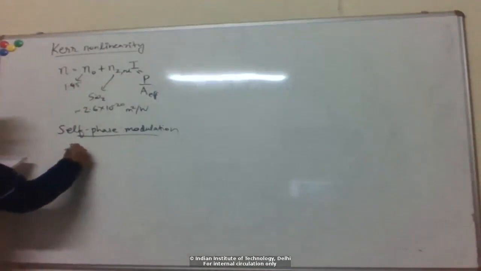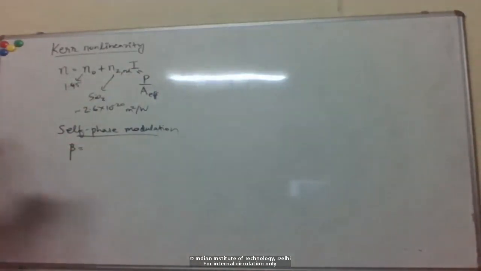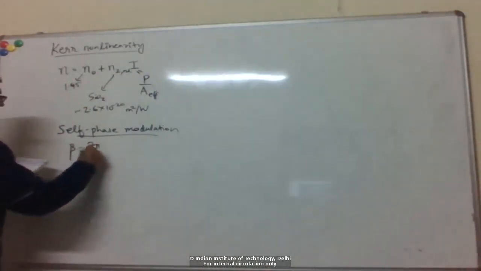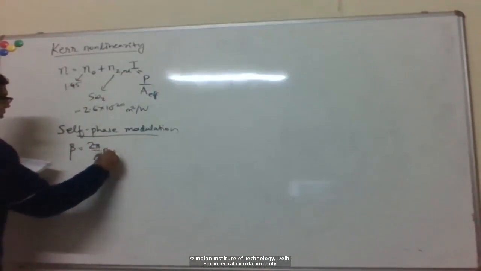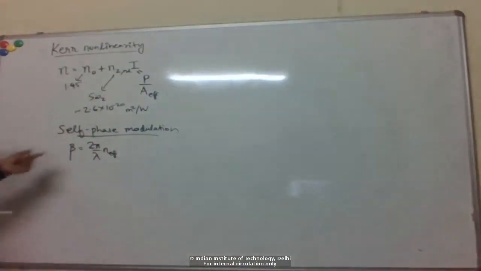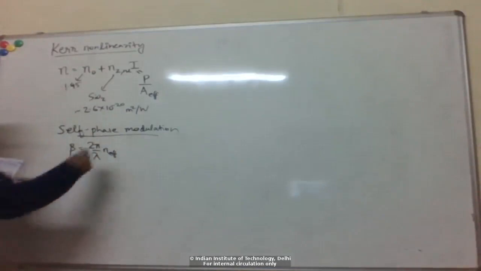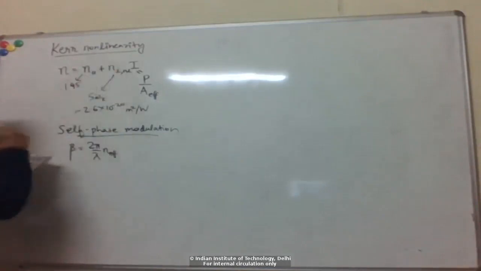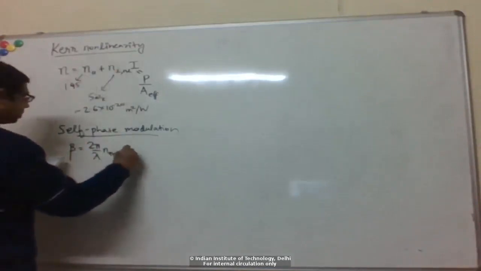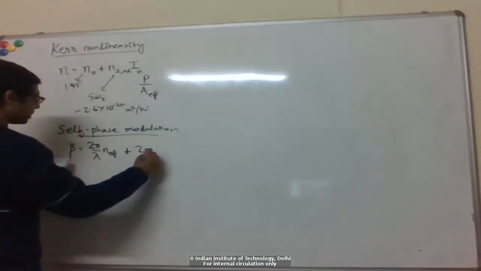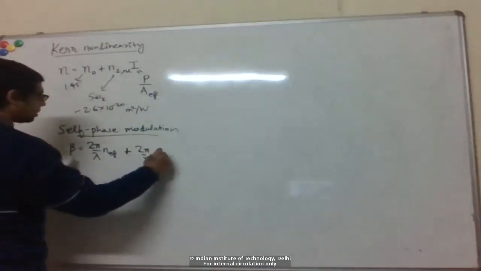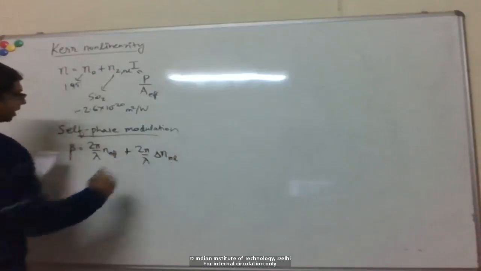To see how that happens, look at the propagation constant. You know that we can write it like that, and if we include this nonlinear term, then you have a correction which depends on the nonlinear change in the refractive index.